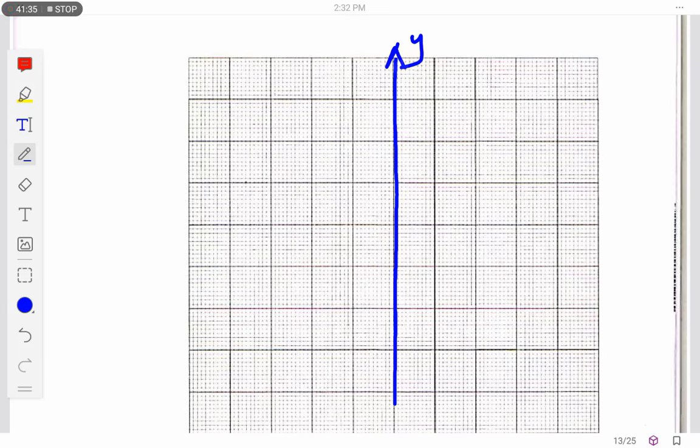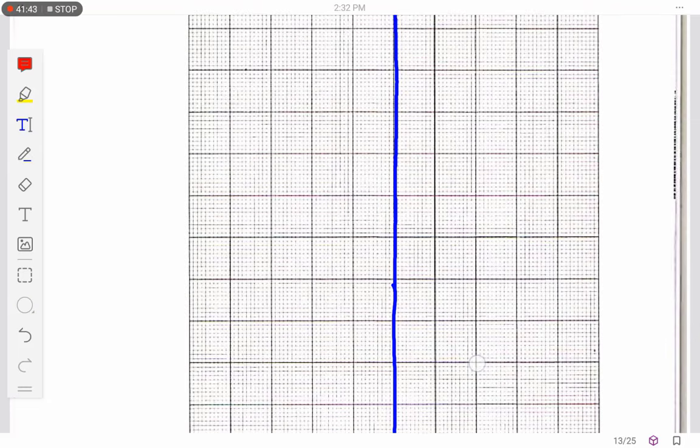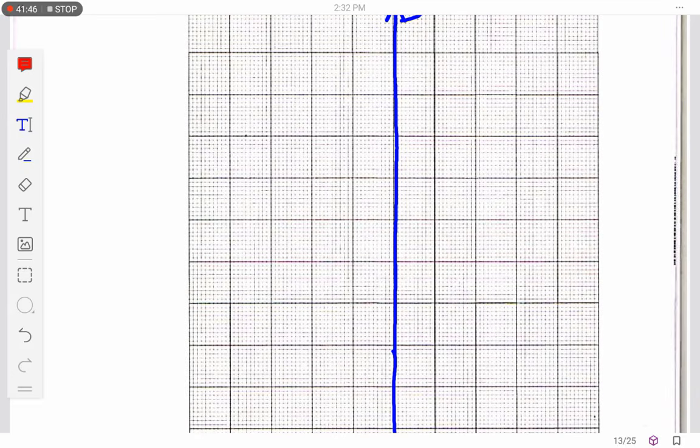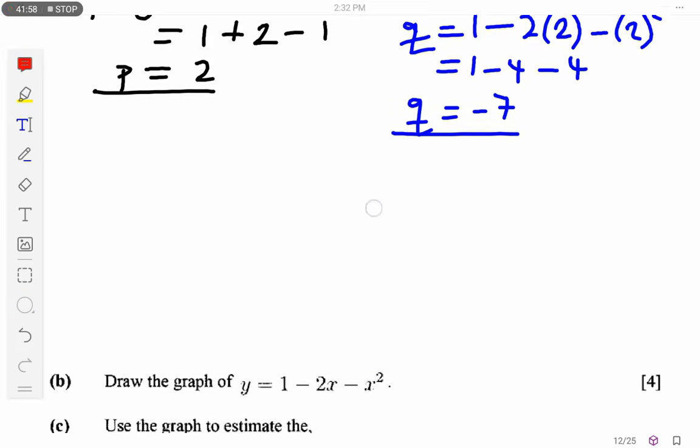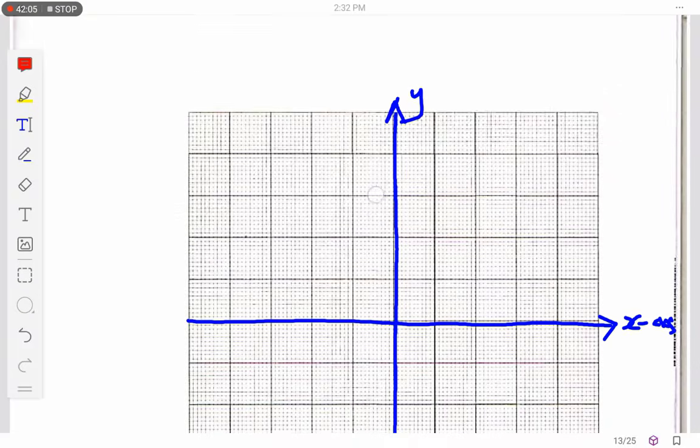This is my y here. Now my y is coming from minus 8 to 3, so I must take it from upper there. So let me take it upper. This is my x-axis now. Then let's label. They are saying each box is representing 2 centimeters to 1 unit. Okay, so let's use that information.